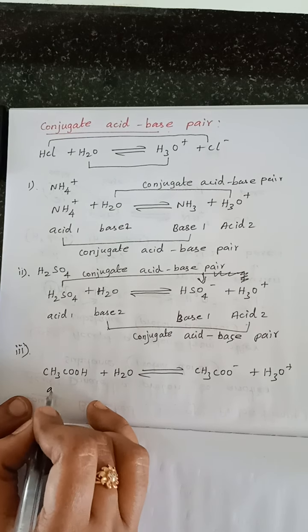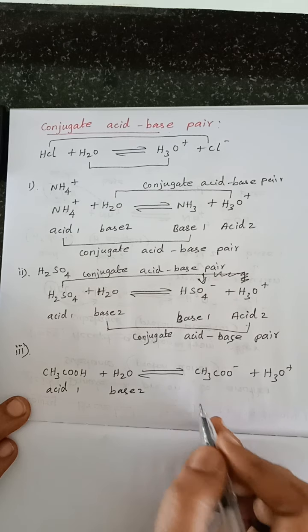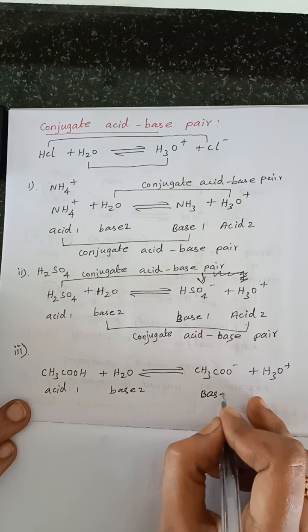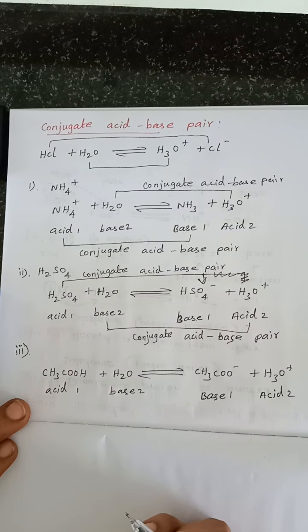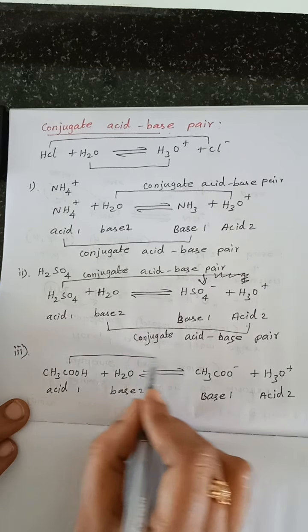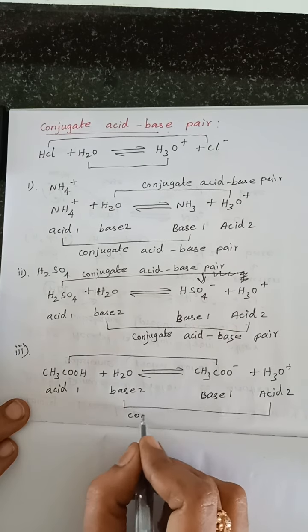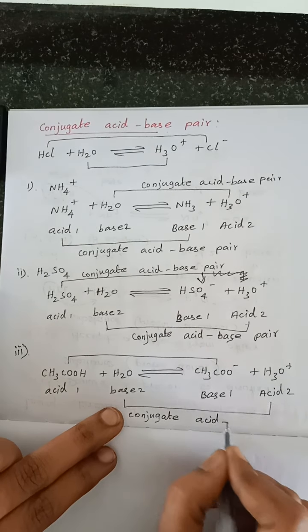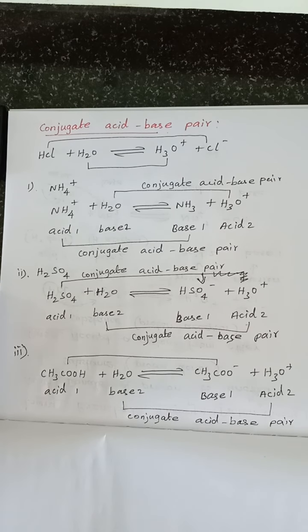Acetic acid is acid 1, this is base 2, then this is base 1, and this is acid 2. So you write the conjugate pair: acid 1 to base 1, then base 2 to acid 2. These are the conjugate acid base pairs.